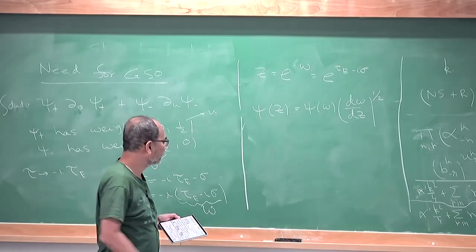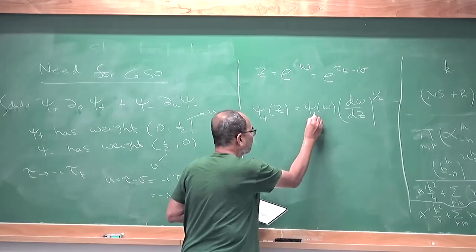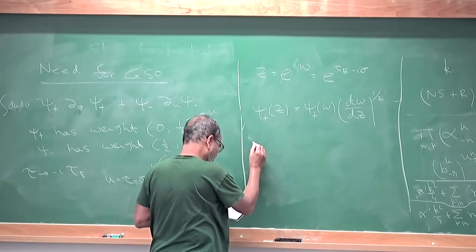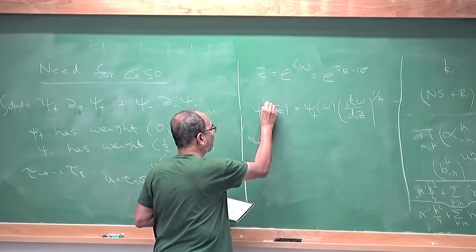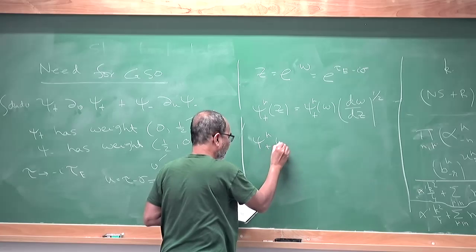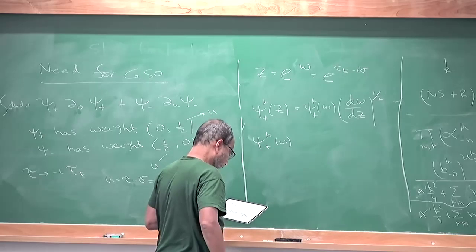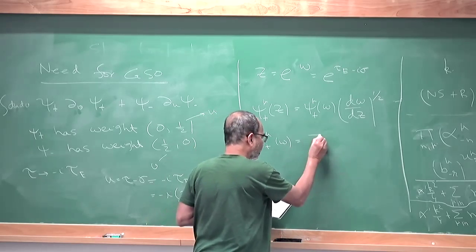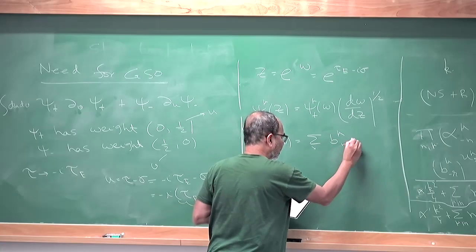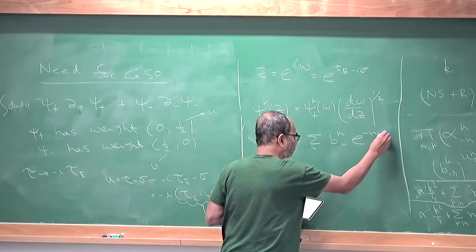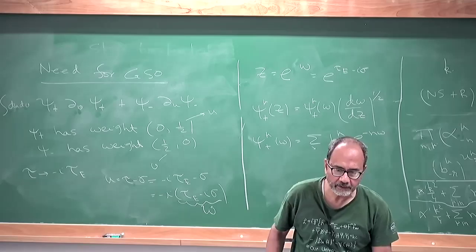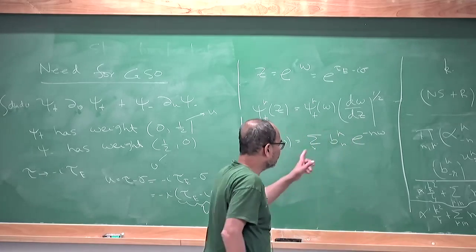In the holomorphic sector, this is psi plus. So psi mu plus of w, with a mu index, had an expansion of the form sum over n of b mu n e to the minus nw. This follows from the expansion in terms of u, e to the inu, which you can rewrite in terms of w.